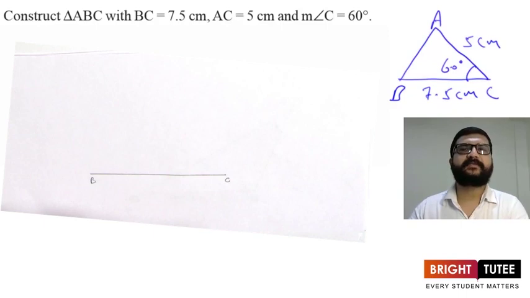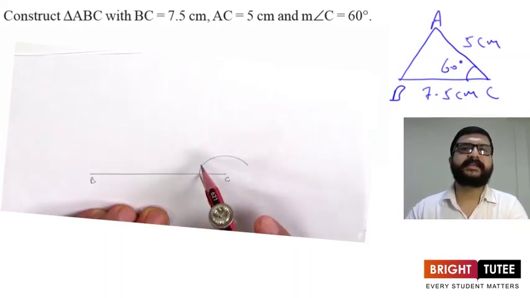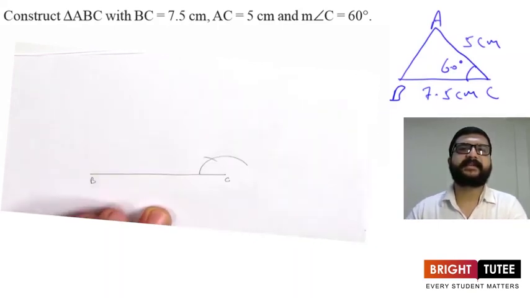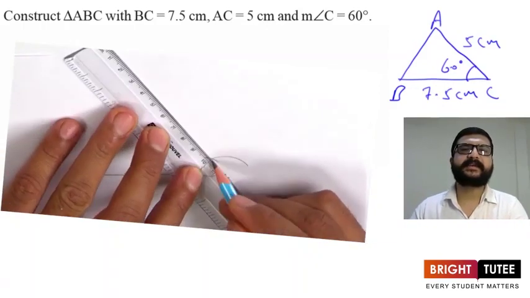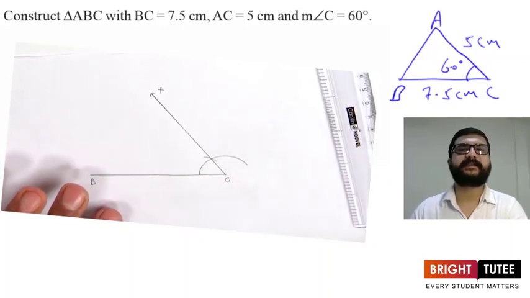Now after this, what we have to do? We have to construct a 60 degree angle at C. So here the next step will be to construct a 60 degree angle at C such that XCB is 60 degrees. So like this we have to construct a 60 degree angle.